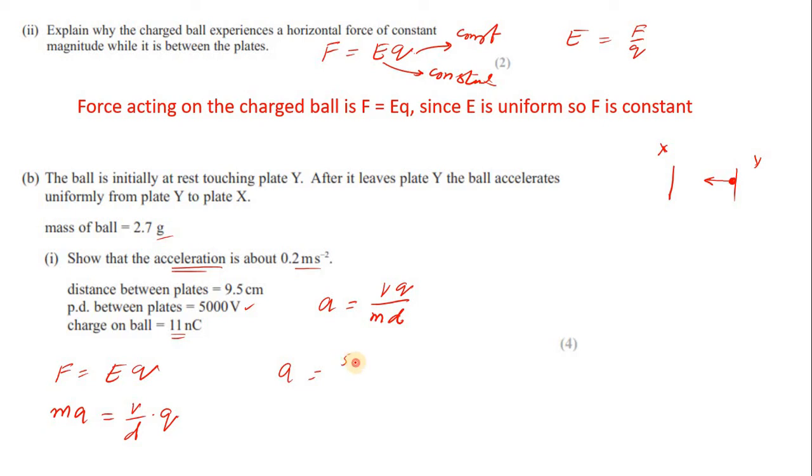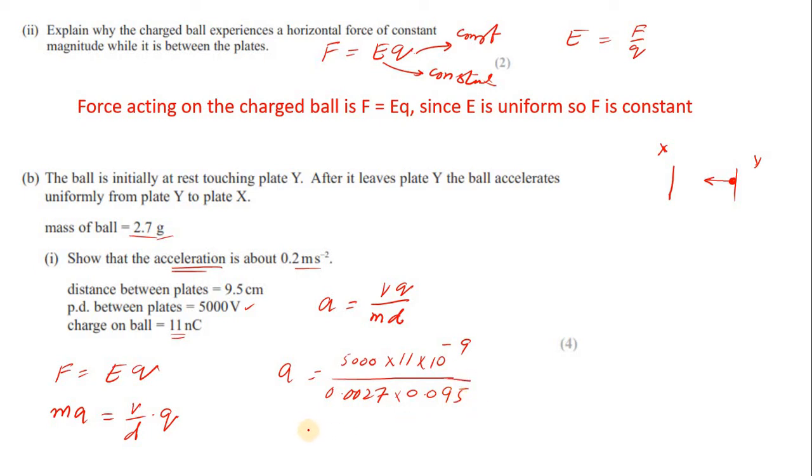And now we have everything to find acceleration. A is equal to 5000 into Q, because this is the charge given, 11 nanocoulomb, 10 to the power minus 9, divided by mass, and the mass of the ball is 2.7 gram. So this is 2.7 divided by 1000, 0.0027 kilogram, into D. Distance is 9.5 centimeter, so 0.095 meter.